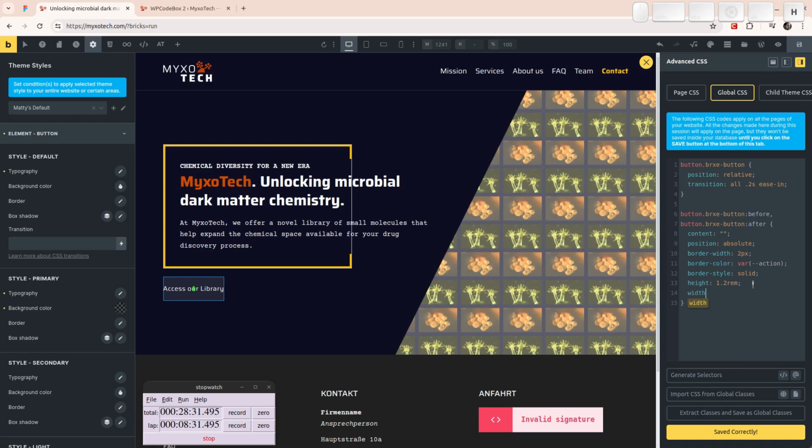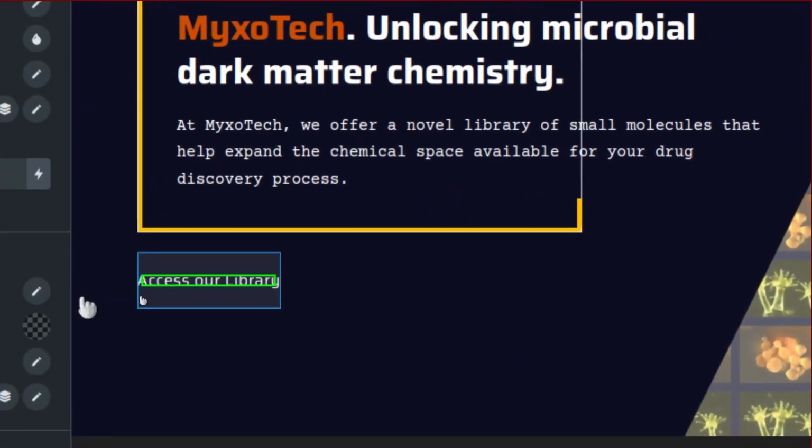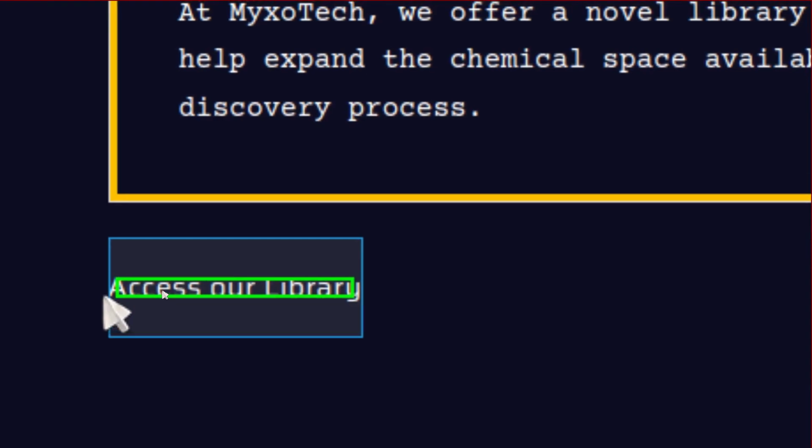Width is a calc 100% minus 1 rem. Why? Because you can see already, right? You can see the green thing here. It's already starting to take shape.